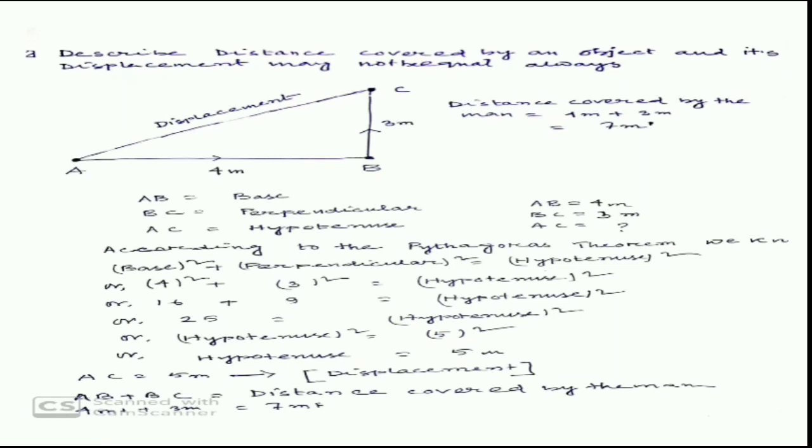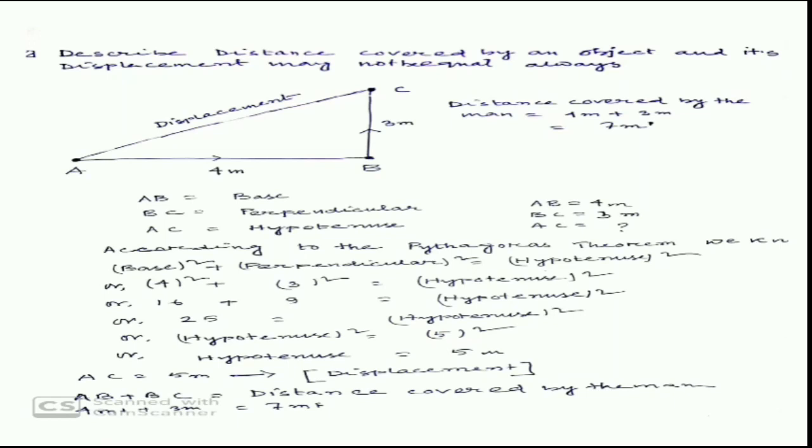Now we get a right angle triangle, and that is ABC. Here AB is the base and BC is the perpendicular and AC is the hypotenuse, and we know the value of AB and BC. AB is equal to 4 meter and BC is equal to 3 meter, and we have to find out the AC to find out the displacement.